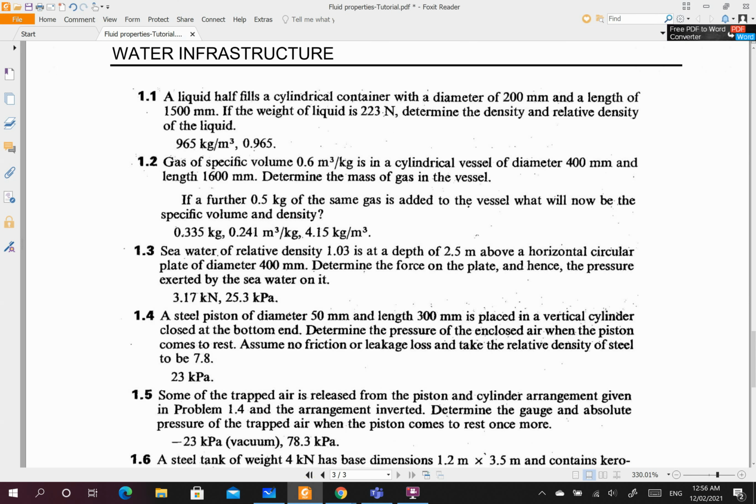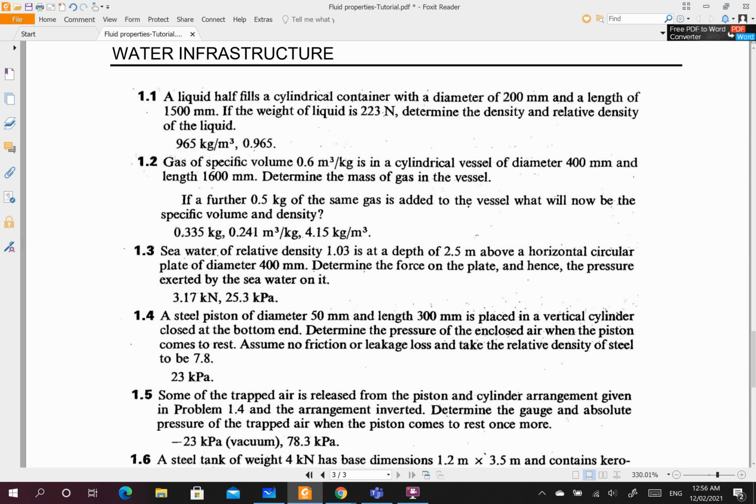So next question, 1.2. Gas of a specific volume, 0.6 meters cubed per kilogram, is in a cylinder. Got the diameter, got the length, determine the mass of the gas in the vessel. Then we're going to add a bit more gas into it, and now check the specific volume and the density.